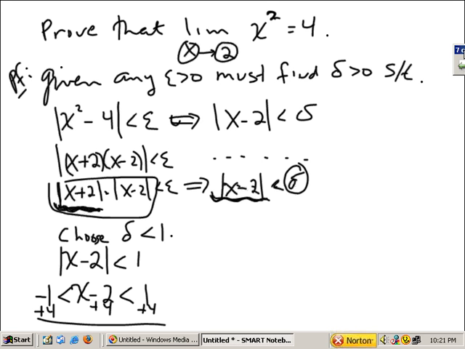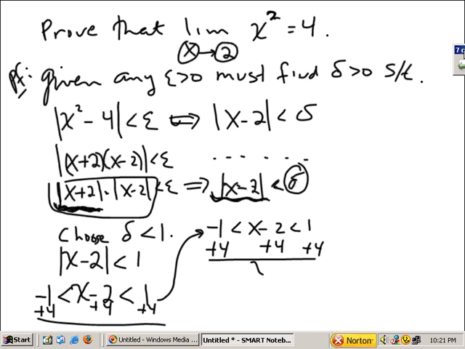Because in the middle, I have negative 1 is less than x minus 2 is less than 1. If I add 4 to all three sides, the middle becomes x plus 2. It's less than 5, and it's bigger than 3. That means that the absolute value of x plus 2 is less than 5.